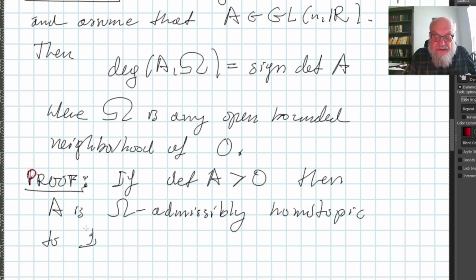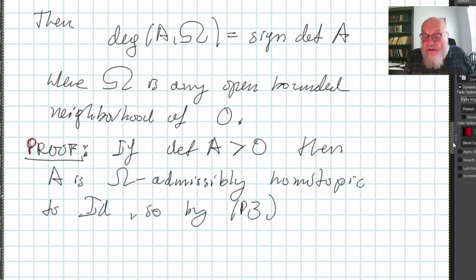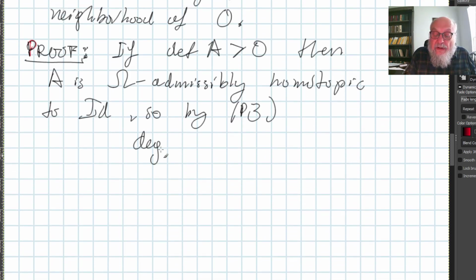So by the property P3, which means the homotopy property, the degree of A on omega is equal to 1.